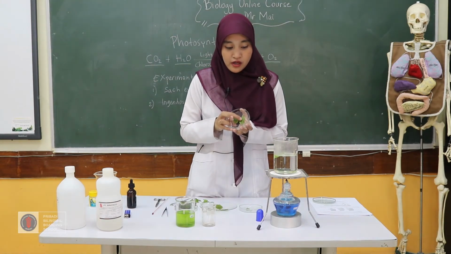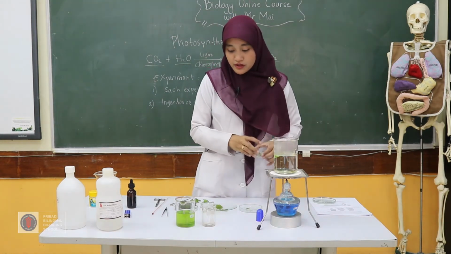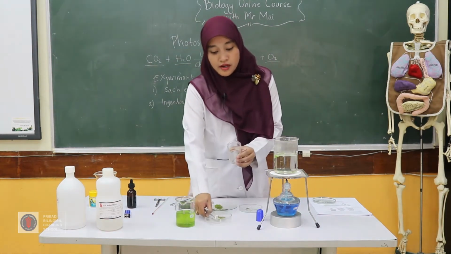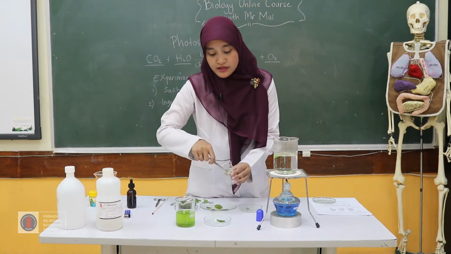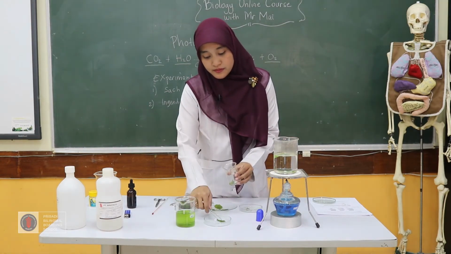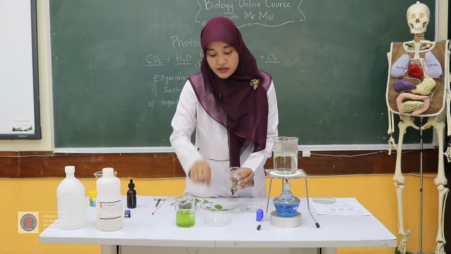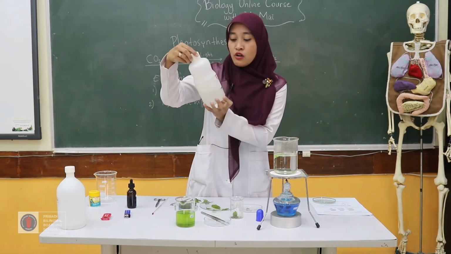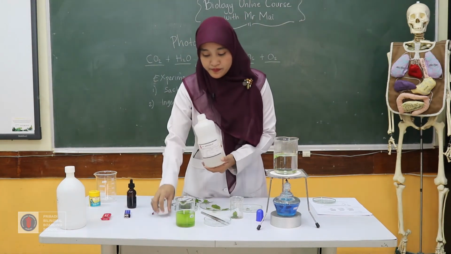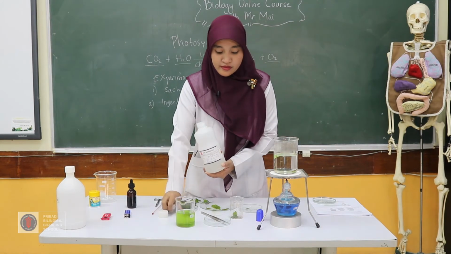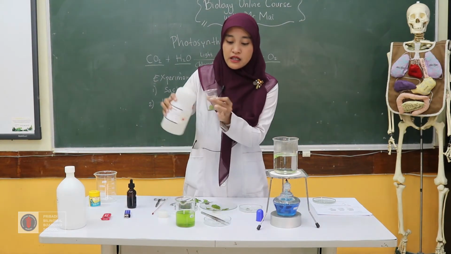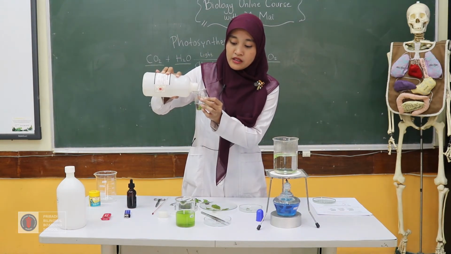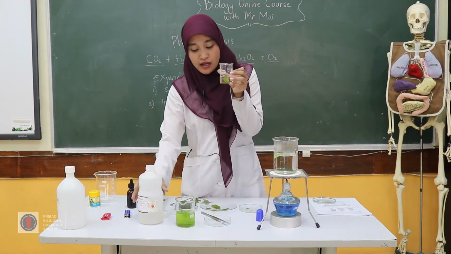It becomes softer, and after it becomes softer, take the leaves into a beaker glass like this one, and then add the alcohol. We use 69% alcohol here, and put around 40 milliliters of alcohol until all of the leaf is soaked by alcohol like this.